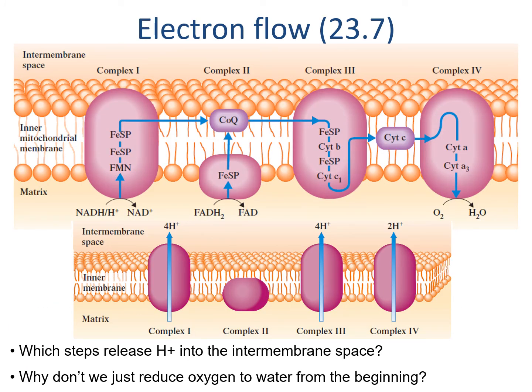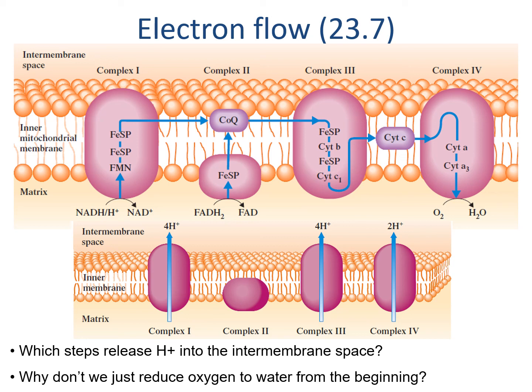For a summary of what happens in the electron transport chain, follow the arrows from either NADH or FADH2 through each complex in the top figure. NADH engages complexes 1, 3, and 4, while FADH2 engages complexes 2, 3, and 4. By looking at which complexes pump protons, we see that NADH is able to pump 4 protons at complex 1, 4 protons at complex 3, and 2 at complex 4, for a total of 10 protons.